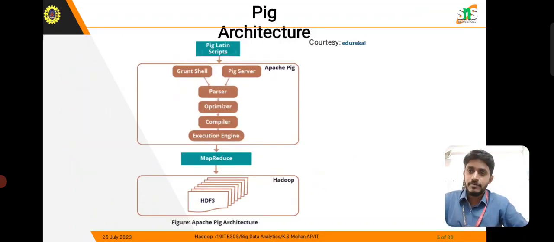Let's see what the Pig architecture is. Already we have seen the two main components: MapReduce and the Pig Latin scripts. In the Pig Latin scripts, we have the Grunt shell and Pig server, then the parser, optimizer, compiler, execution engine, and MapReduce. Here Hadoop with HDFS is under the Apache Pig architecture.